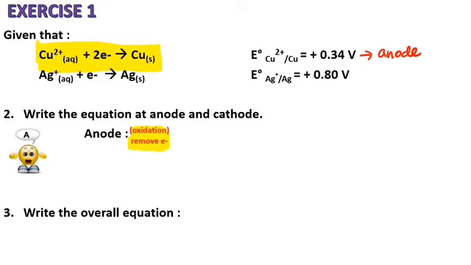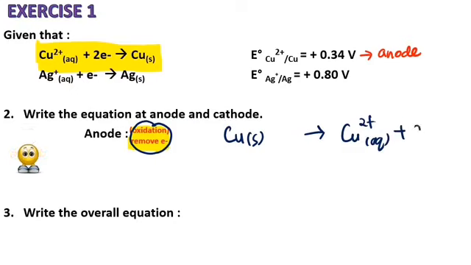Kenapa kena reverse? Sebab kita nak buat proses oxidation, which is remove the electron. So, akan jadi copper solid produce copper 2 plus aqueous plus 2 electron. Reason kenapa kita reverse the equation because at anode process oxidation occur. Refer to the process remove of electron, not gain the electron.